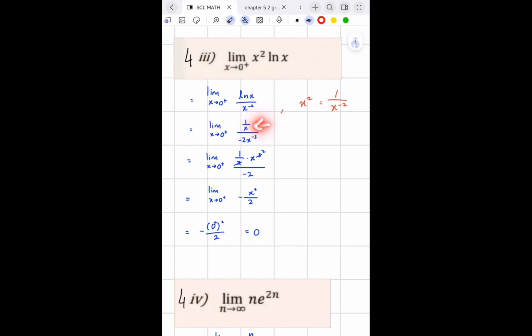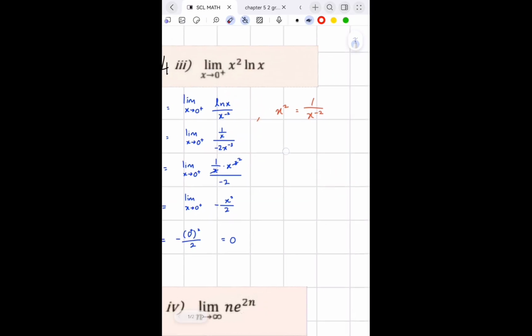And then we will differentiate x to the power of negative 2 using the power rule. So we bring the negative 2 in front like this, and then the power is negative 2 minus 1, so we will get negative 3 over here.